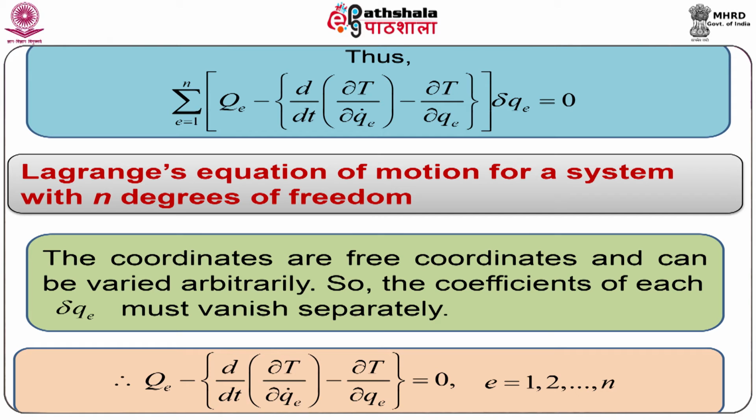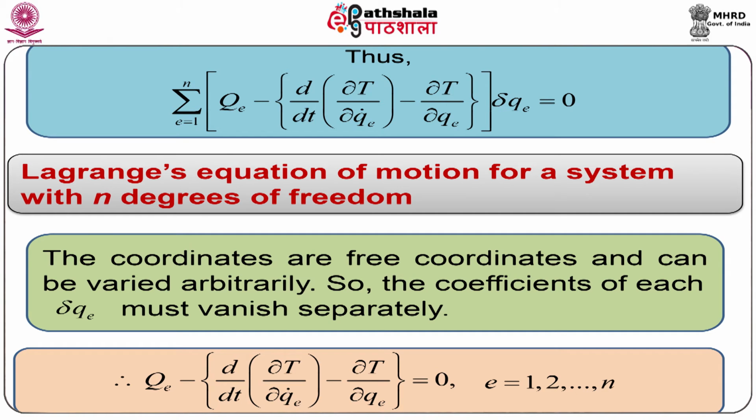Here delta qk are the changes which are arbitrary and independent. So we have capital Qk minus d/dt of del by del qk dot of capital T minus del by del qk of capital T equal to 0.